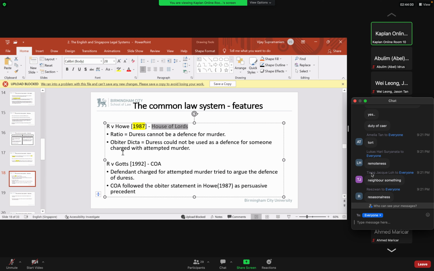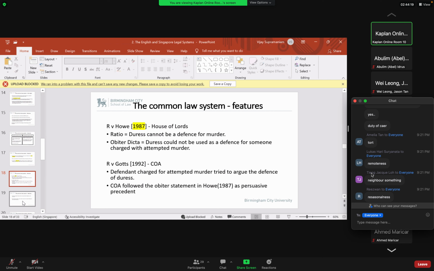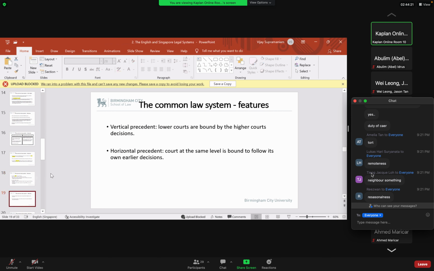The courts can say, okay, we'll follow the precedent, but let's look at the obiter dicta instead of the ratio decidendi. So this is how there is still some element of flexibility within the common law system. It's very unique. If you really get into the deeper system here, it's very unique.